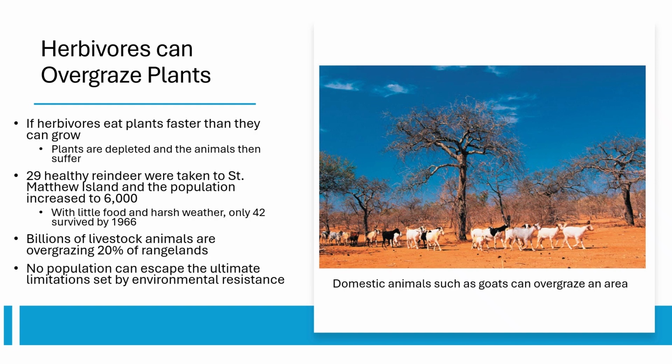You find them in grasslands, in savannas, some parts of the desert, like the picture here on the slide, some tundra. About a fifth of those rangelands on Earth today are overgrazed. So when you have this type of environmental resistance, you don't have enough plants to sustain the animals that rely on them. Ultimately, all those organisms are going to suffer.